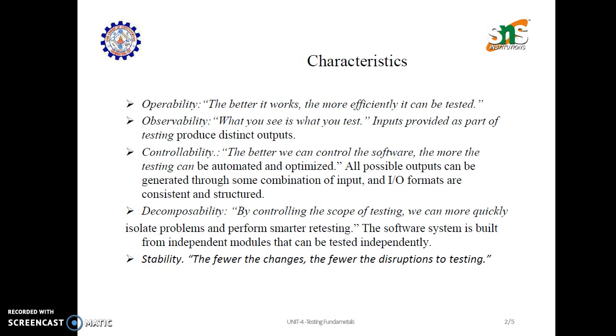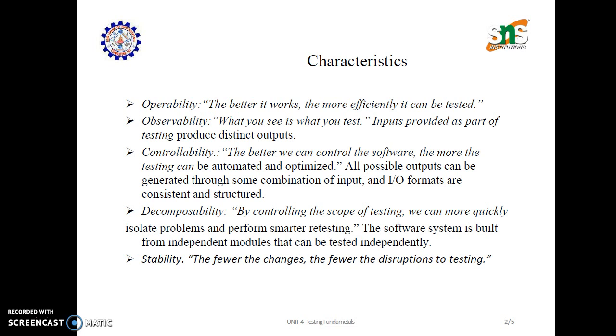If something is not needed for the product, we isolate the parts which are not required so that the product is produced in a more effective way. The software system is built from independent modules that can be tested independently.